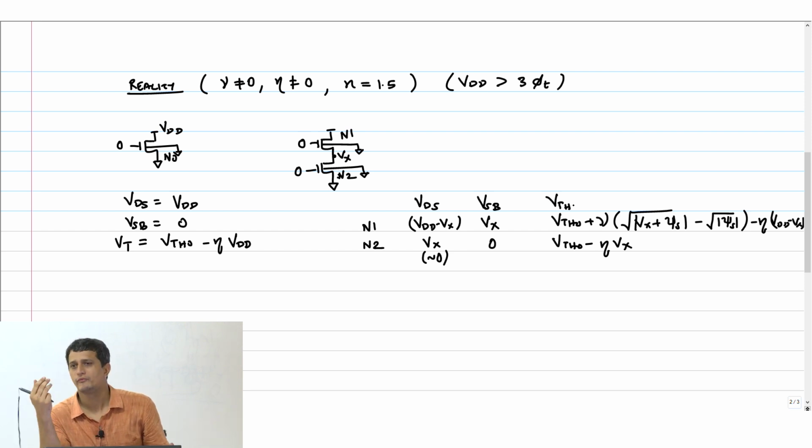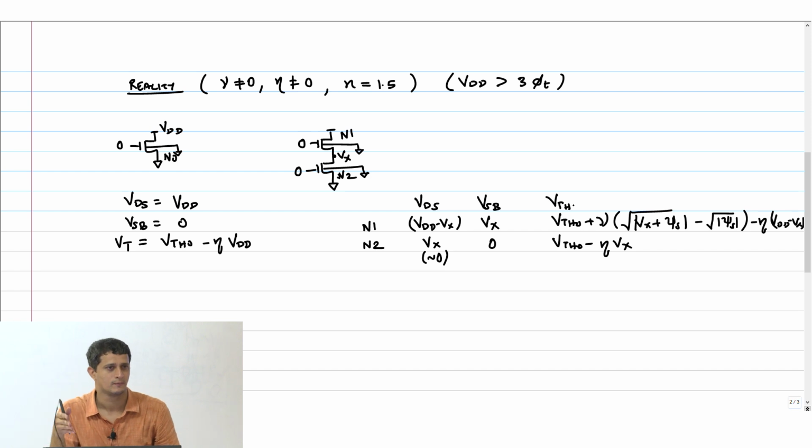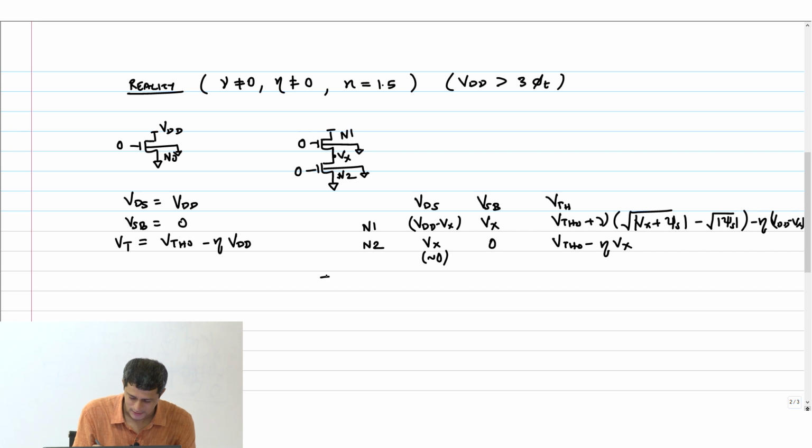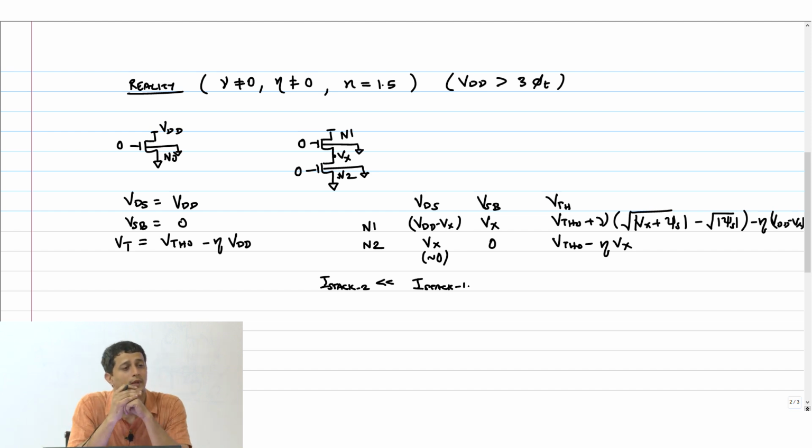And obviously amongst N2 and N1, the guy who can permit lesser leakage is going to determine the leakage eventually, because it's a series path. So therefore, in reality, this I stack 2 will be much lesser than I stack 1, primarily coming from DIBL.